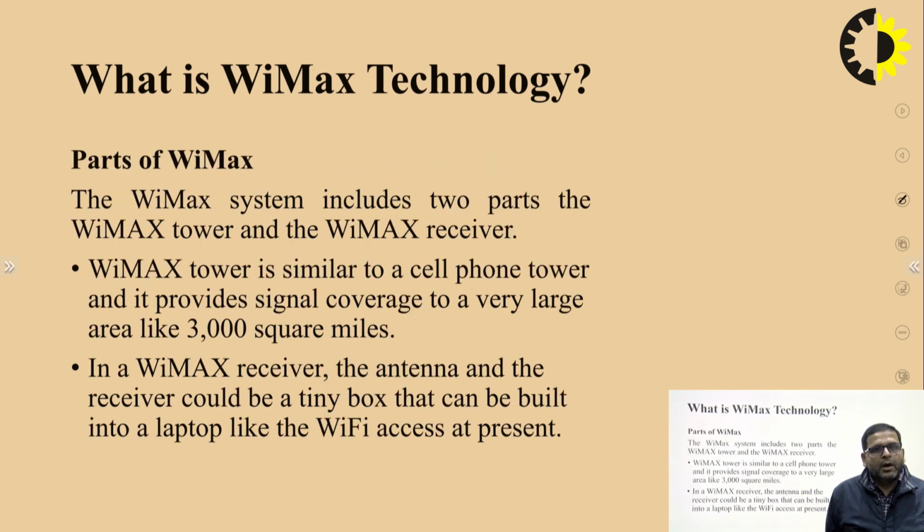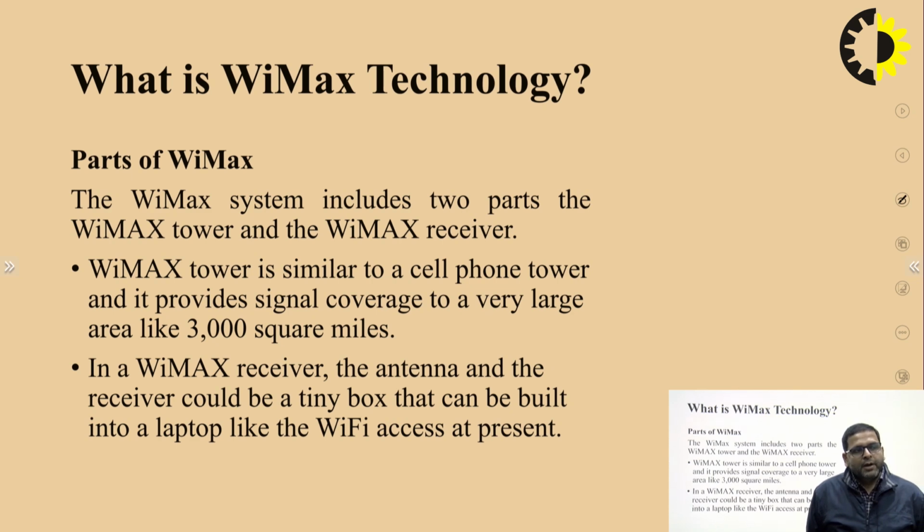The main parts of WiMAX technology are the WiMAX tower and the WiMAX receiver. The WiMAX tower is very similar to a cell phone tower, and it provides signal coverage of a very large area, like 3000 square miles.